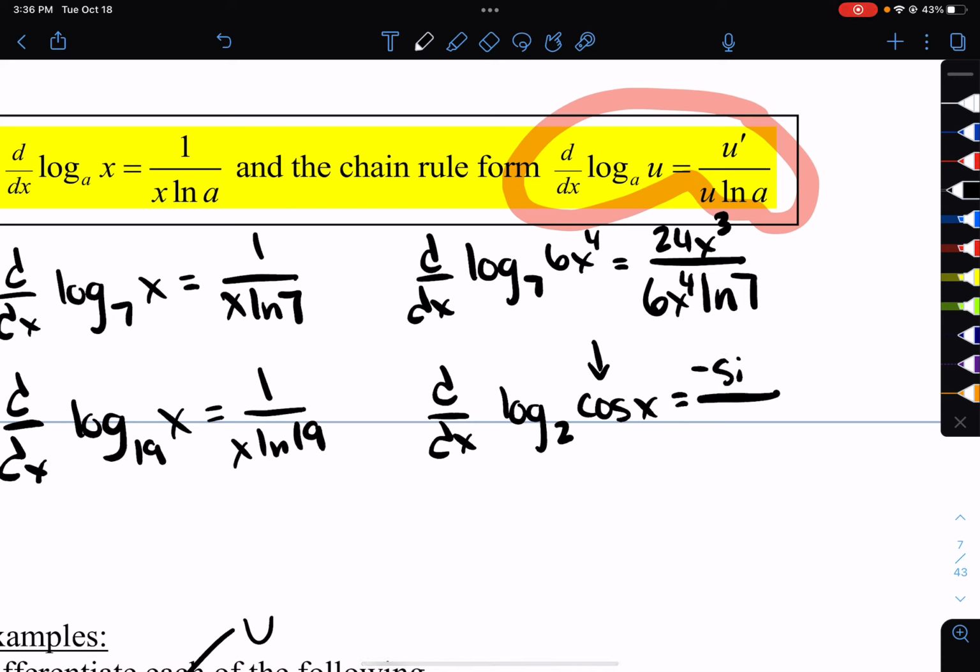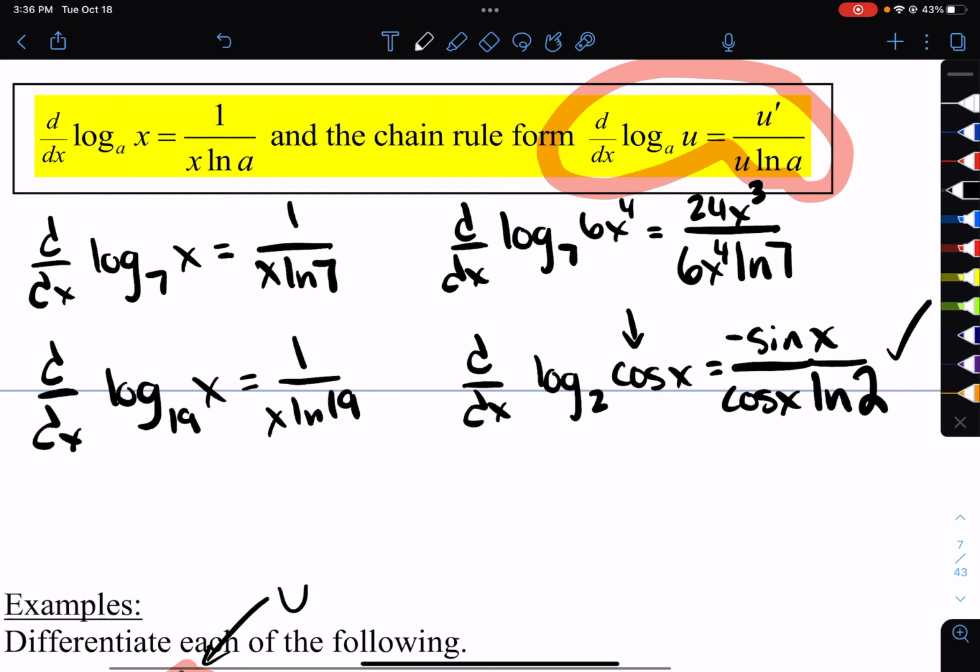So on top, I'm going to get negative sine x. On the bottom, I just get cosine of x. And then I get the natural log of a, whatever a was, and in this case, it happens to be 2. And I could stop right here. There's no reason that I need to do more than I'm already doing. That right there is my answer. It does simplify. You can do some trig stuff to make it simplified, but that right there is going to be my answer.